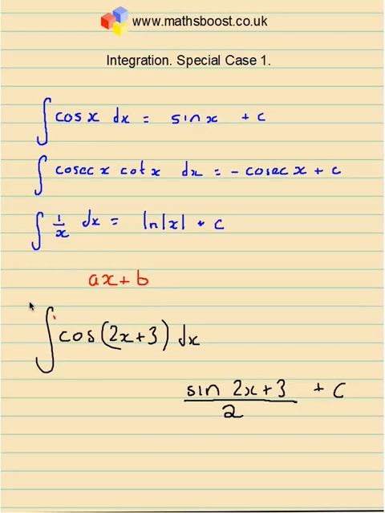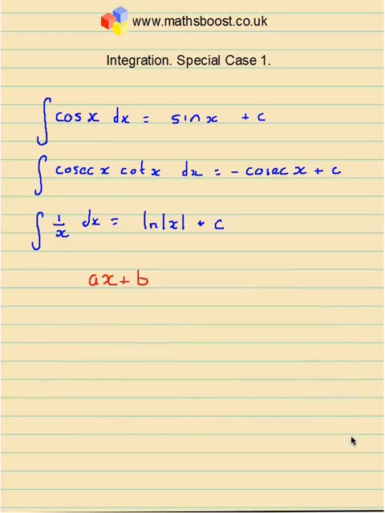Might not always be very obvious when it crops up, and in particular, if I ask you to integrate this, what you've got to recognize is this standard integral, but instead of x, we've got the linear. And therefore, we can invoke that special case, this rule, because it's this in the form ax plus b.